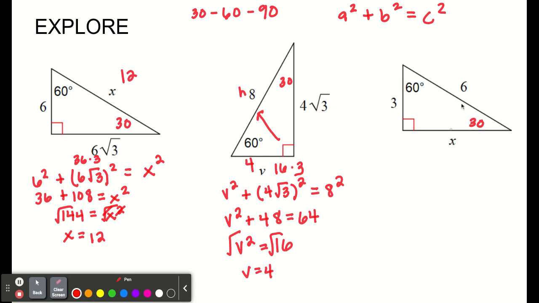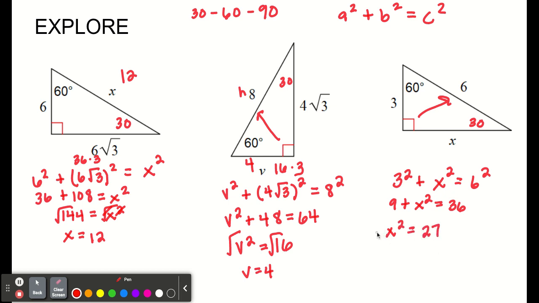And for the last one here, again, hypotenuse is opposite the right angle. That has to be substituted in for c. So we have 3 squared plus x squared is equal to 6 squared. That's going to be 9 plus x squared is equal to 36. We subtract 9 on both sides. We get 27.